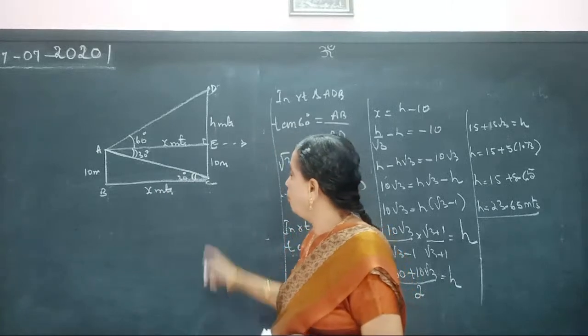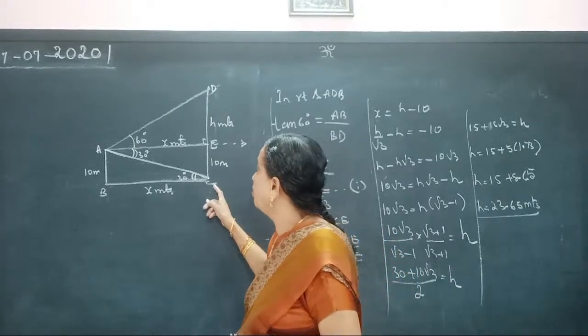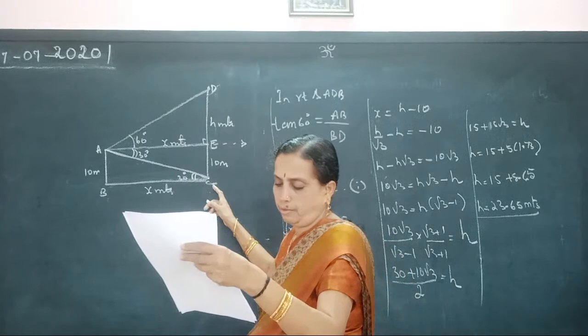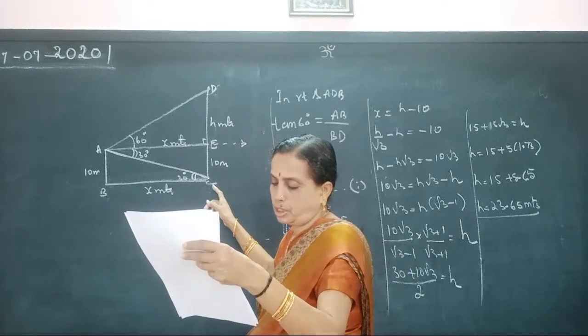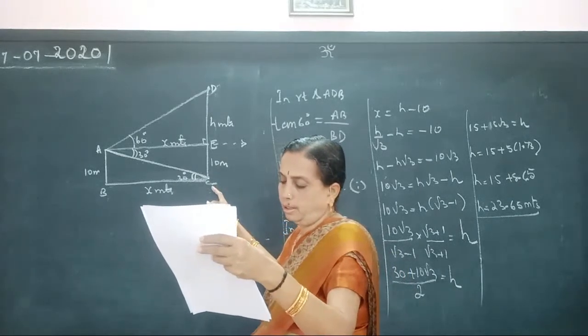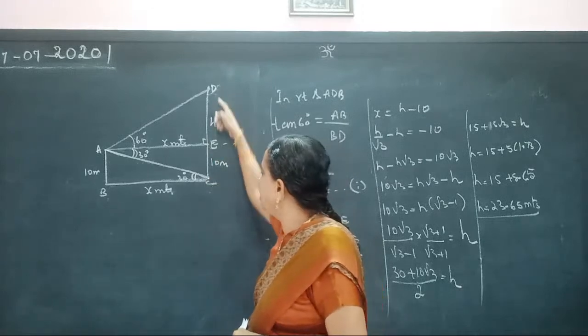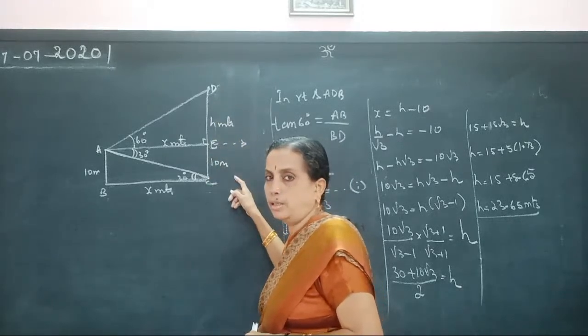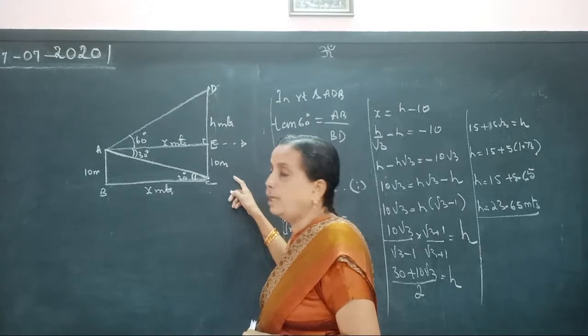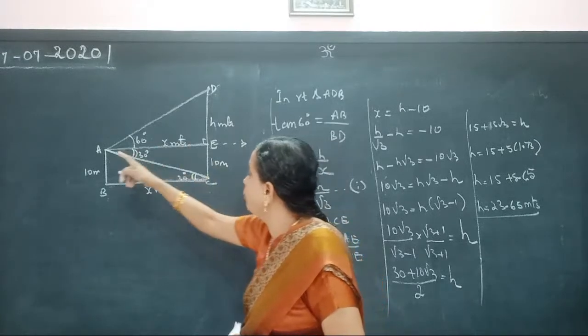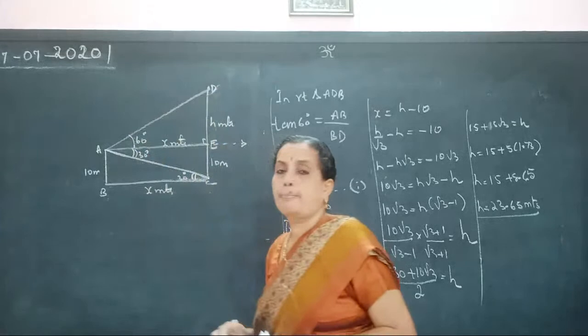So distance of the boat from the, what is the condition given? Distance of hill from the ship and height of the hill. Height of the hill means h plus 10, and the distance of hill from the ship means you have to find out AD.